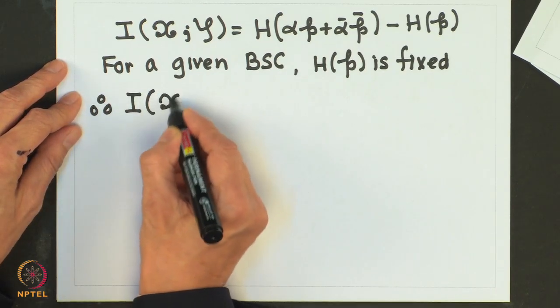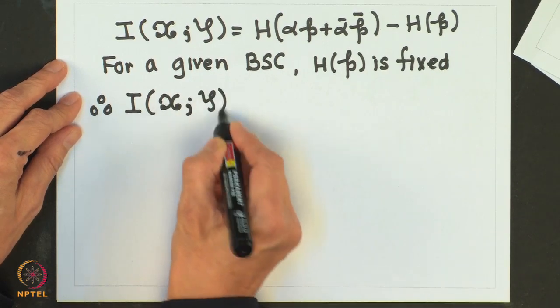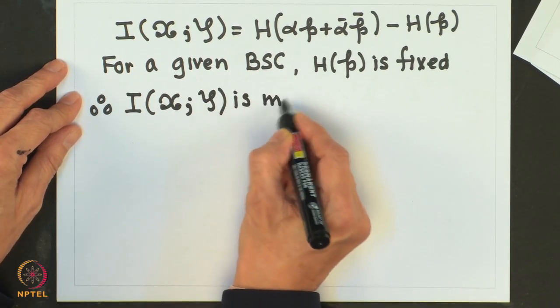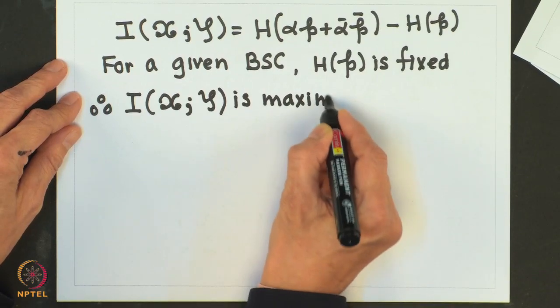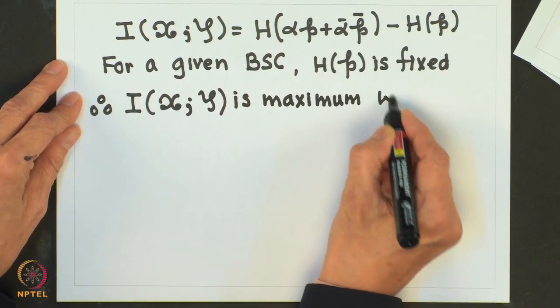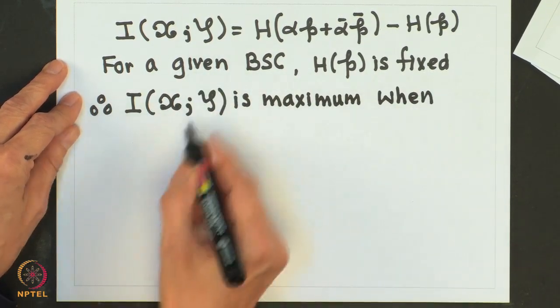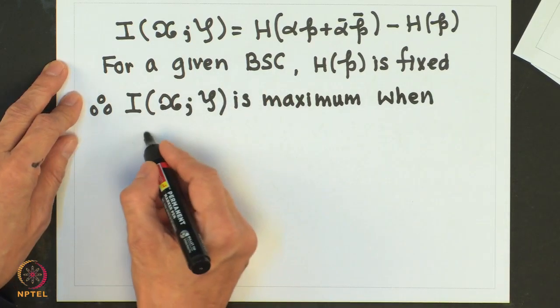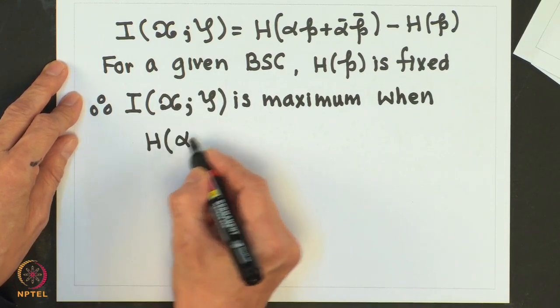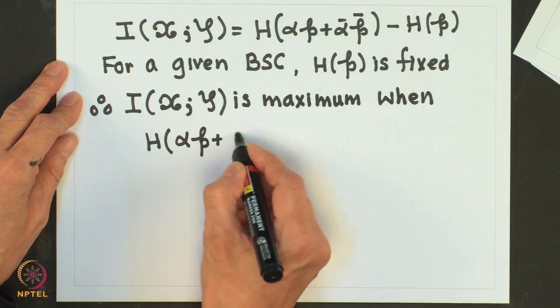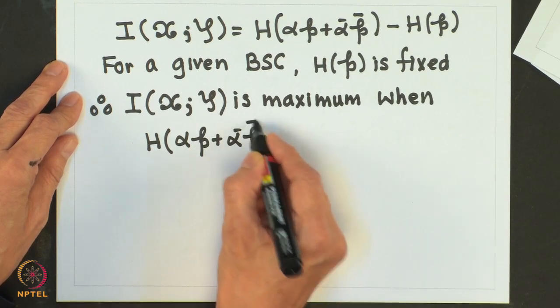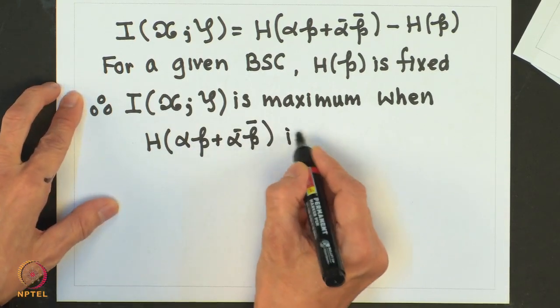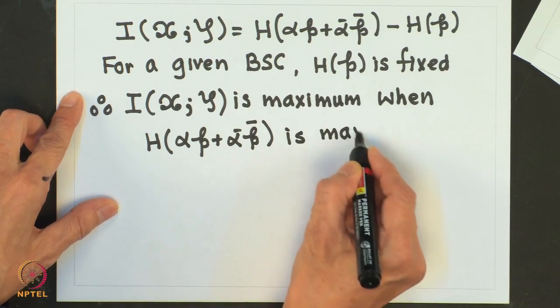Therefore, the mutual information is maximum when H of alpha p plus alpha bar p bar, this quantity, is maximum.